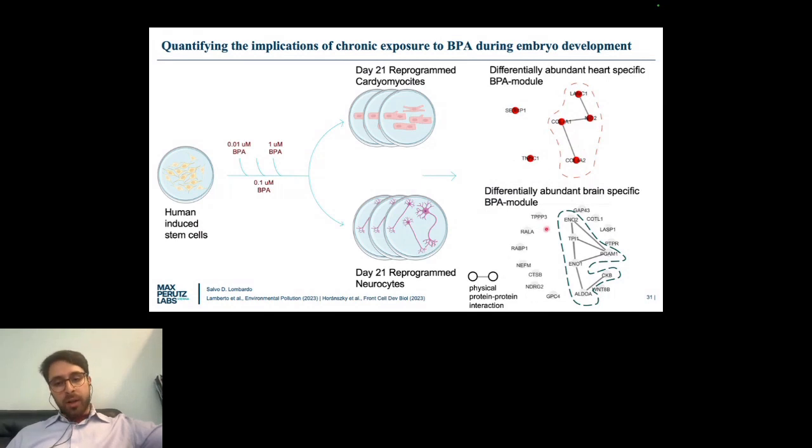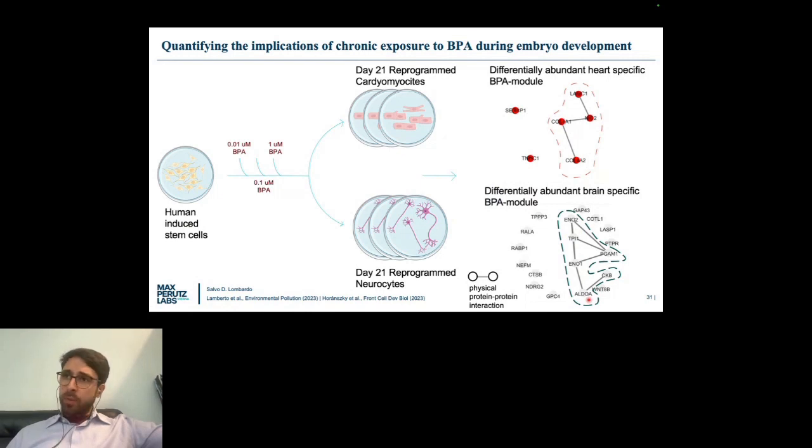While instead in the brain, we would have proteins that participate in glycolytic pathways, such as enolase 2 or enolase 1, aldolase A, which for the brain is particularly important because the glycolytic pathway, the glucose, is the main energy source for these cells. And with less energy, there is less proliferation, and so there is less growth as well.